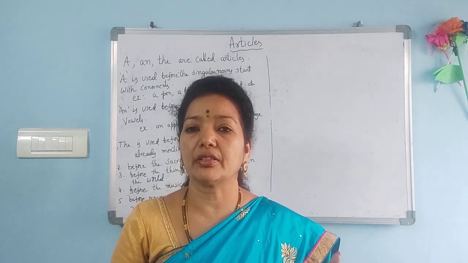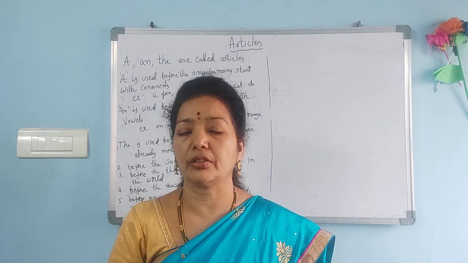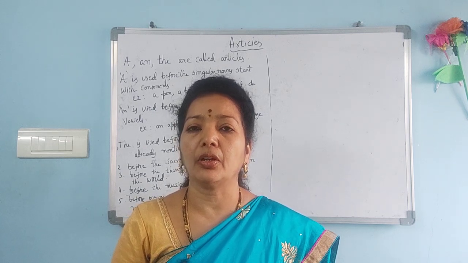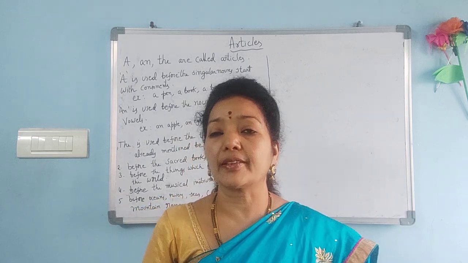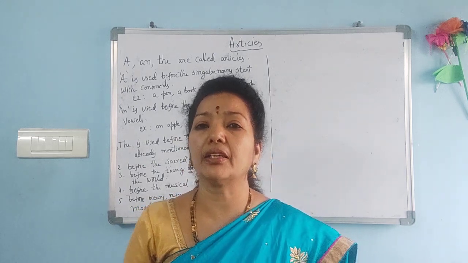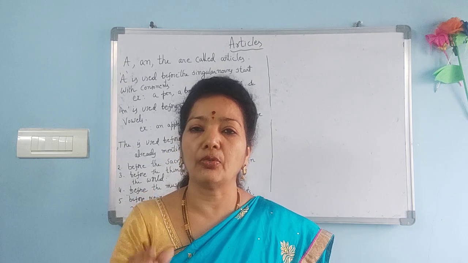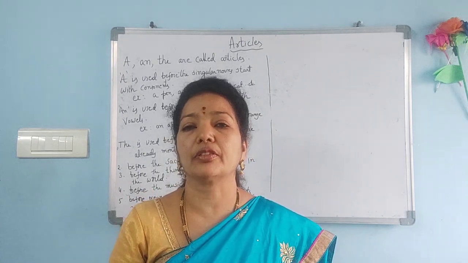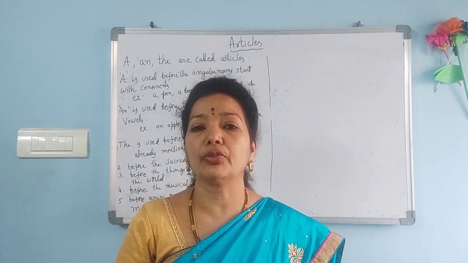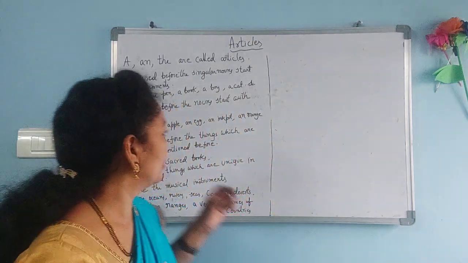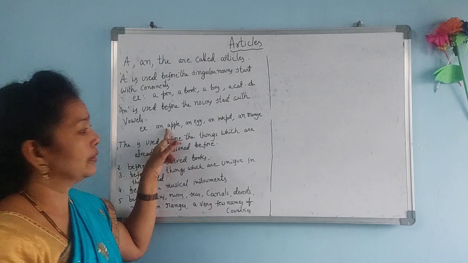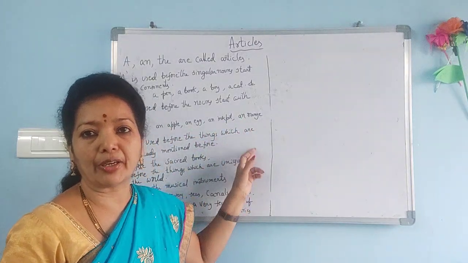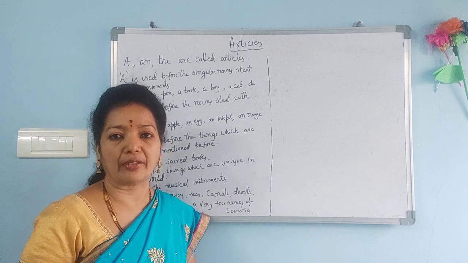That is why there is a difference in articulation while we utter vowels. So before singular nouns that start with vowels, we use an. For example, an apple, an egg, an ink pot, an orange, an umbrella, like that we use an.